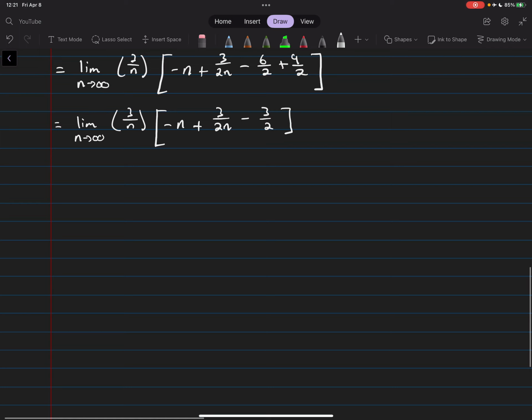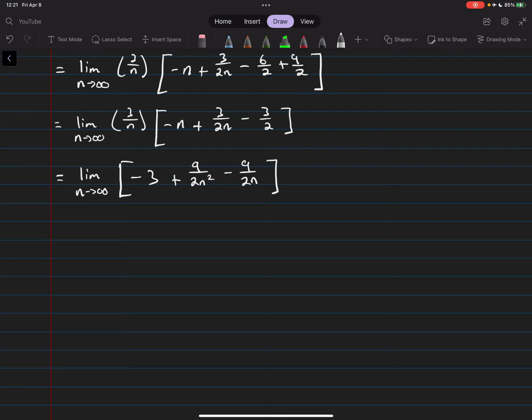And then what we're going to do is, on the next line, we're going to multiply that 3 over n into this term. So we still have the limit as n goes to infinity of minus 3 plus 9 over 2n squared minus 9 over 2n.